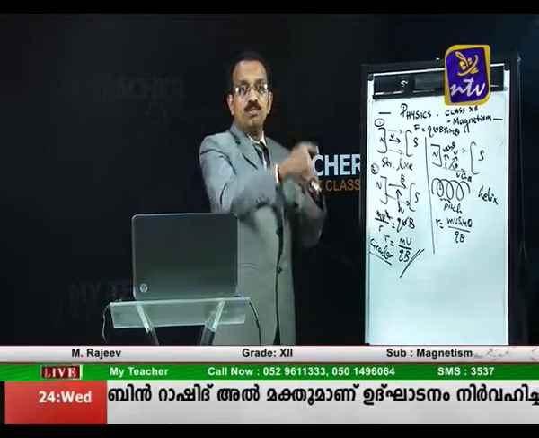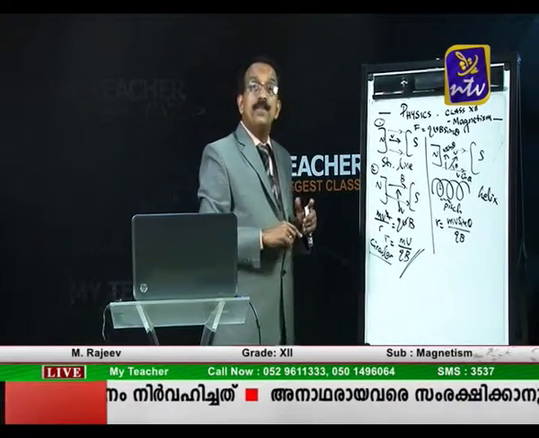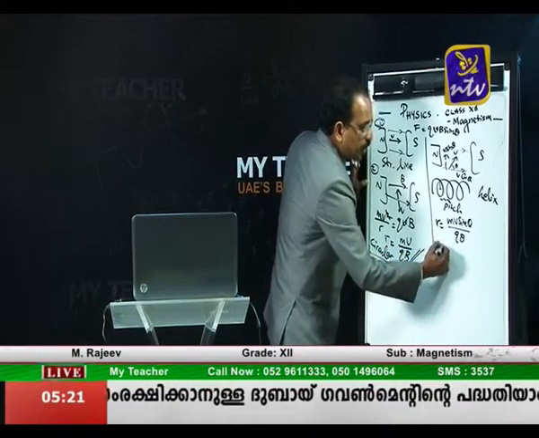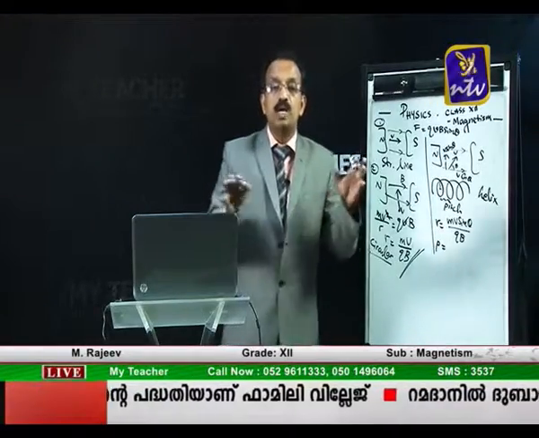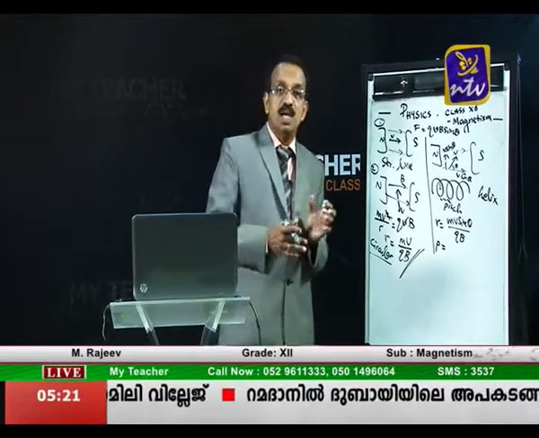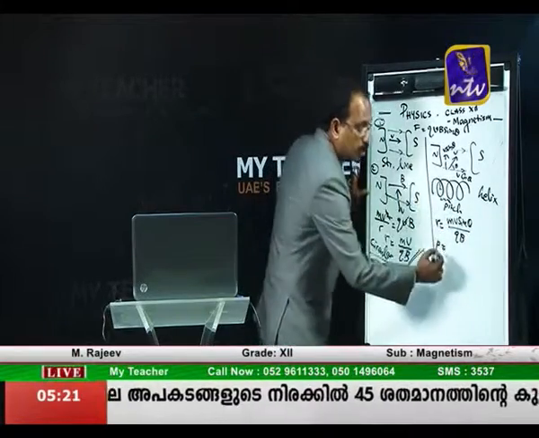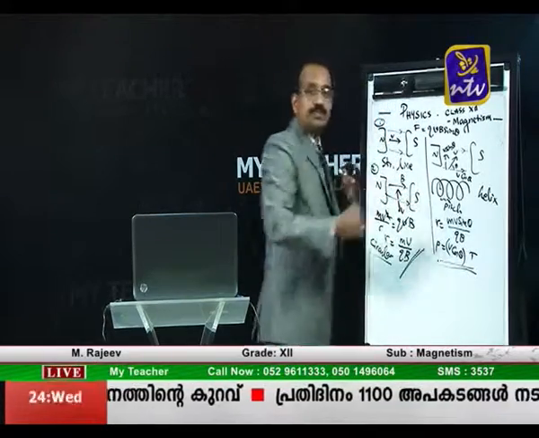One complete revolution takes the time called the time period. You can calculate the horizontal distance with the constant velocity. How do you calculate horizontal distance? It is just velocity times time. Which velocity causes it to go in a horizontal path? v cos theta multiplied by T.